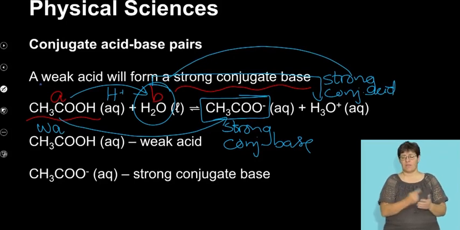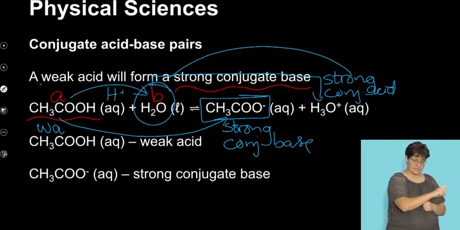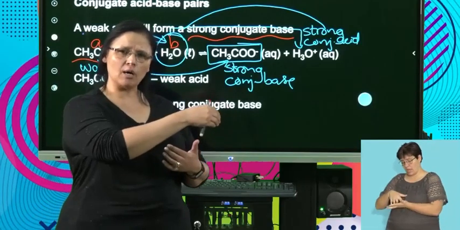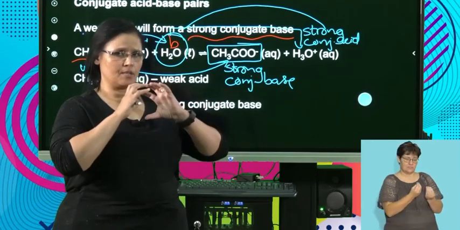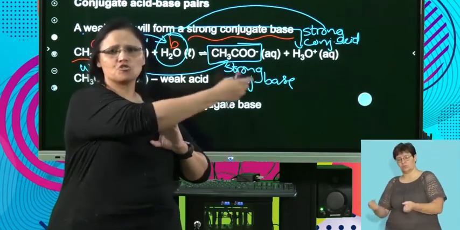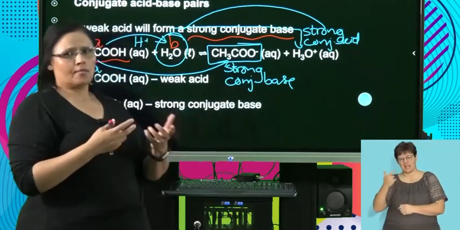So it's always the case that a strong acid will form a weak conjugate base, and whenever something is weak, it will form a strong conjugate acid or base.